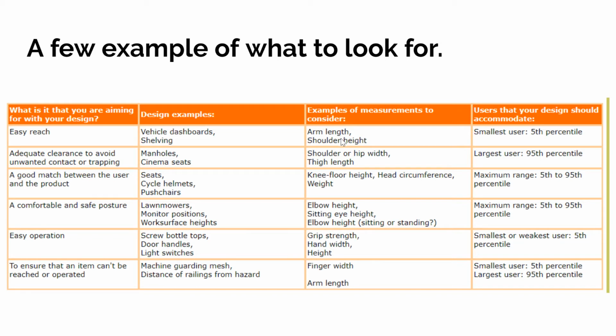So arm length and shoulder length would be pretty useful to be working out something that needs to be within easy reach. And your design in that case would need to take account of the smallest, the 5th percentile. Because for everybody to have something within easy reach, you use the 5th percentile, and in that way anybody moving up to the 50th or the 95th percentile would still be within easy reach. So the rest of this should be fairly self-explanatory.